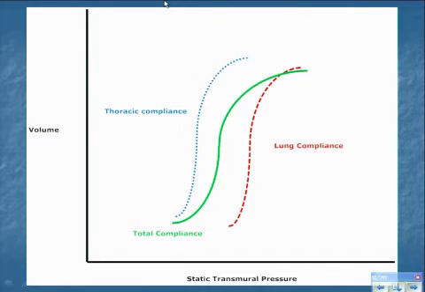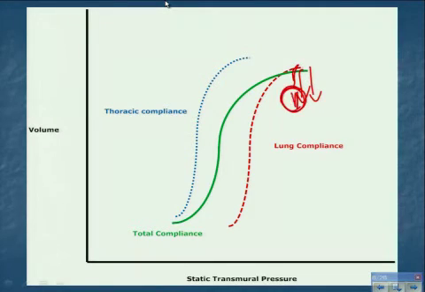If I change one compliance, it'll shift the overall green curve. In other words, let's say I make somebody's lung compliance decrease. Let's say I make their lung heavier with water. The way you want to think about this is just take this line and put weights on this end. Add more weights, and that makes the line come out this way. It flattens it out.